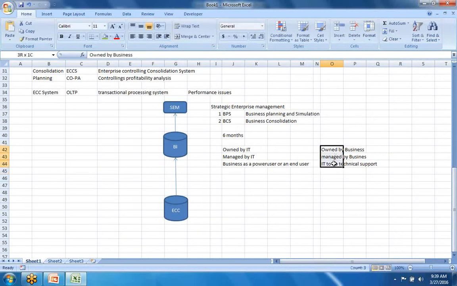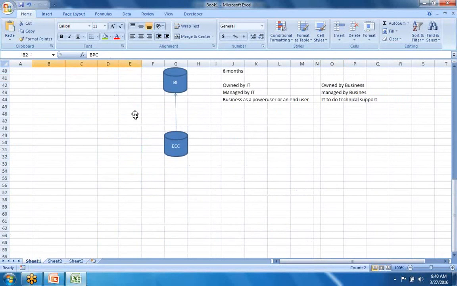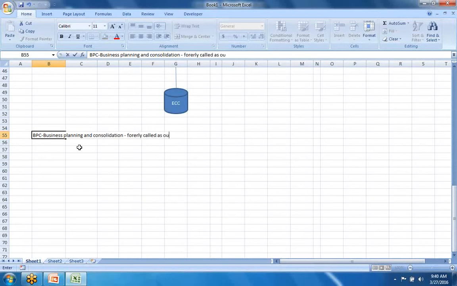So this is where this particular BPC, formerly called Outlook Soft, comes in.